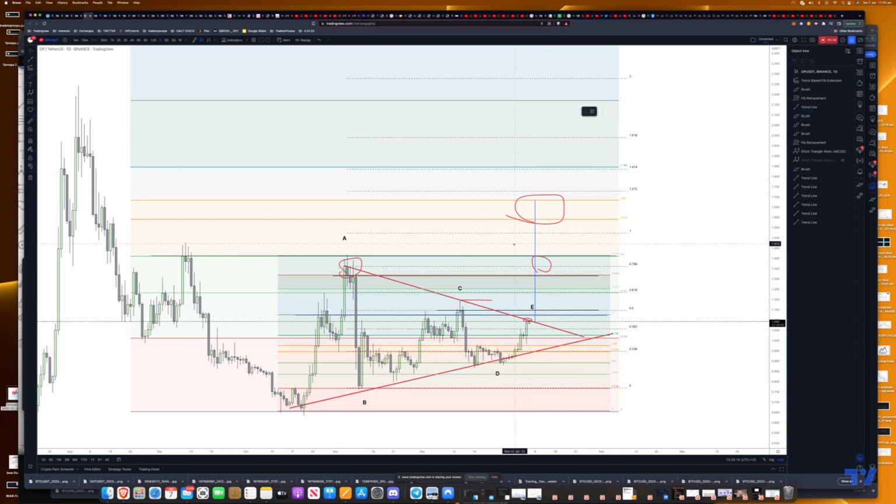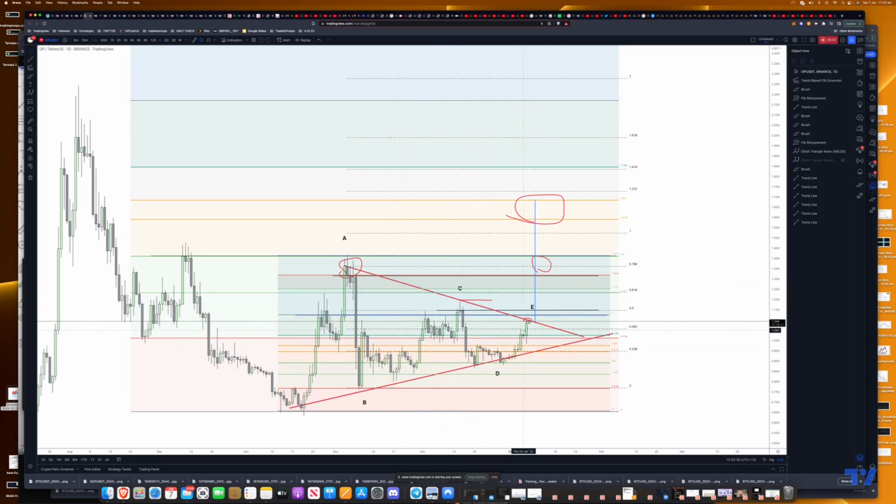The measured move doesn't really fit a classical triangle, so I wouldn't rely on this measured move. The way it's done it, it just doesn't feel comfortable. If this was a strong move to the upside like that, but it isn't. So it doesn't really look bullish. It's more like accumulation.